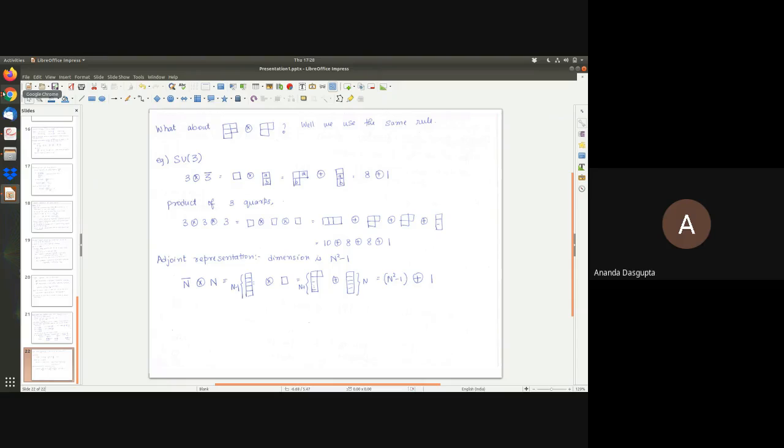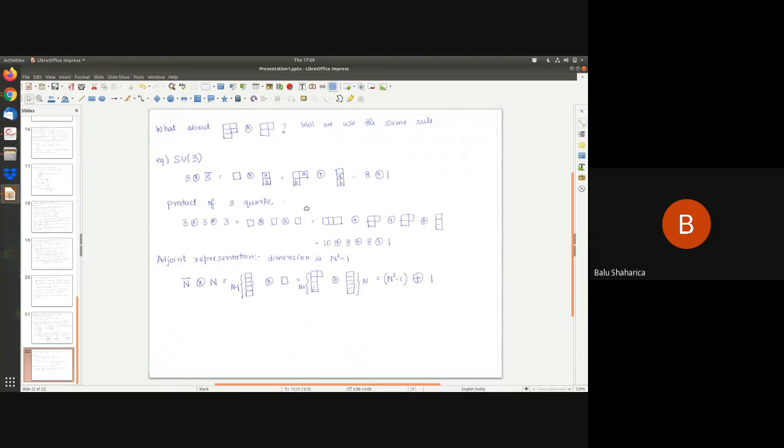By the way, can you just say one thing? Suppose you had the same Young tableau representing an S(N) representation or an SU(N) representation. Which one will have larger size? I mean, the same tableau, but representing an S(N) representation on the one hand or an SU(N) on the other.